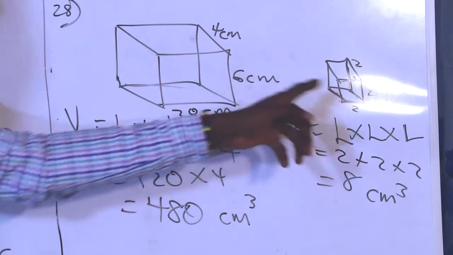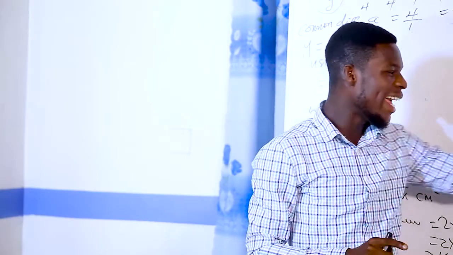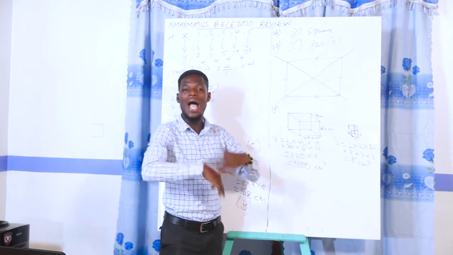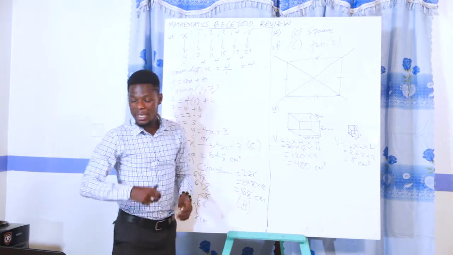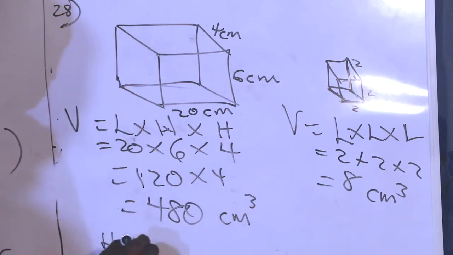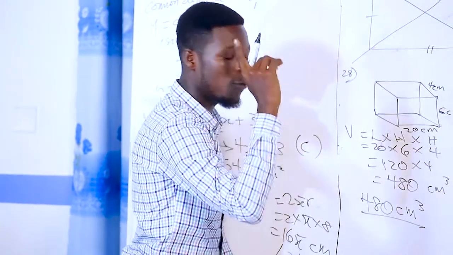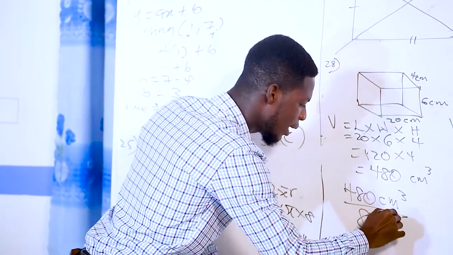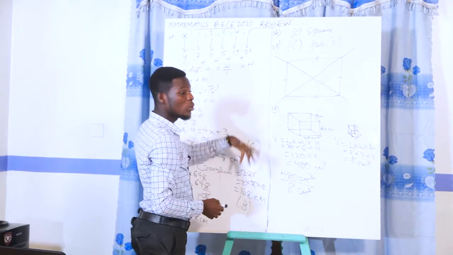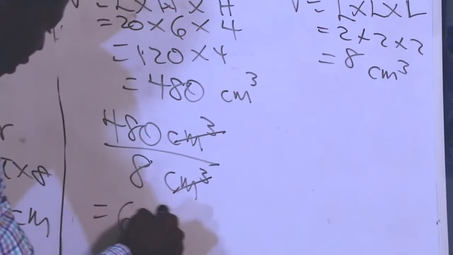Now, each cube is occupying a space of 8 cubic centimeters. And the total volume to be occupied is 480 cubic centimeters. So how many cubes can fill this? You just divide the volume of the rectangular box by the volume of 1 cube, which is 8 cubic centimeters. This will cancel this. Now, 8 will divide 480 how many times? 60 times.